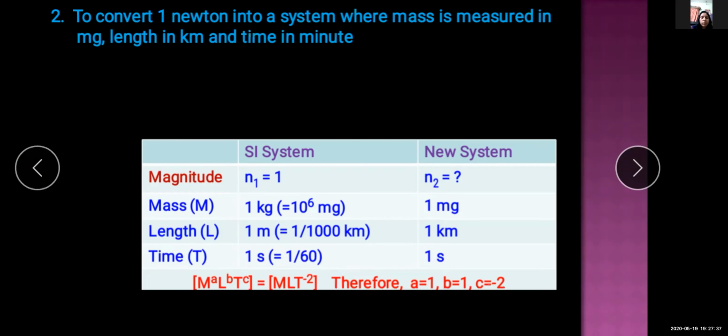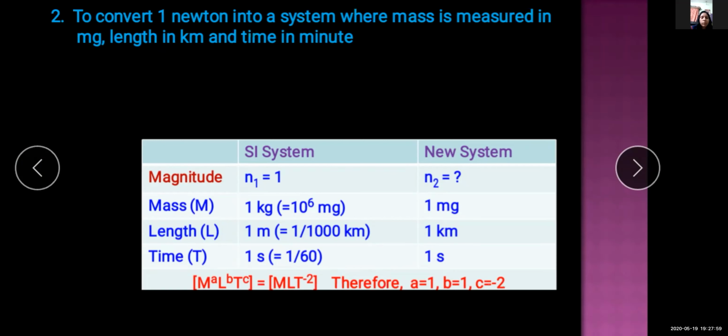Length 1 meter equal to 10 raised to power minus 3 kilometer. And 1 second equal to 1 upon 60 minute. In the new system, we have mass milligram, length kilometer, and time minute.